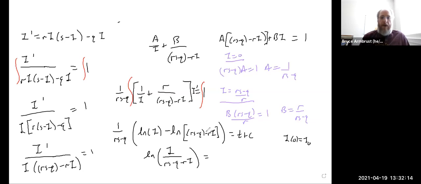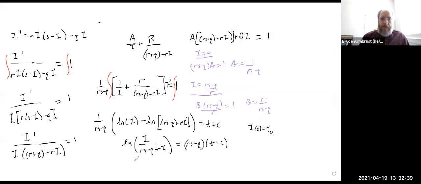I'm going to multiply the RS minus Q over here. Then I can raise e to both sides, so I get this exponential. So I over (RS minus Q minus RI) equals e to all of this stuff.